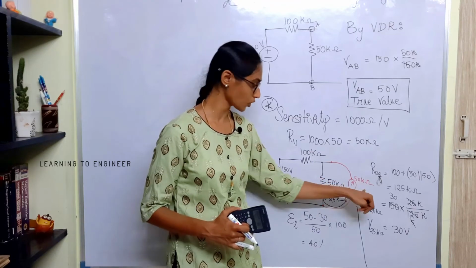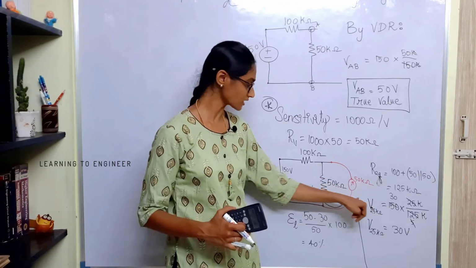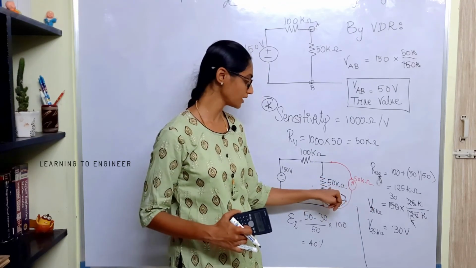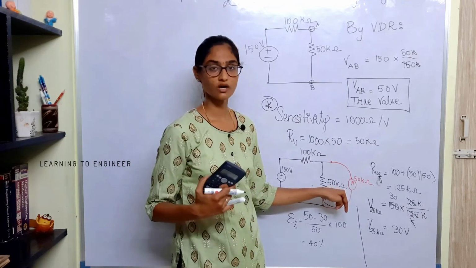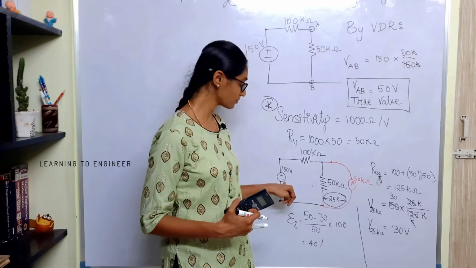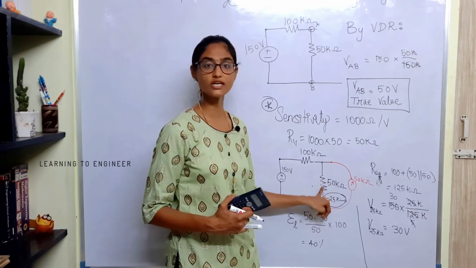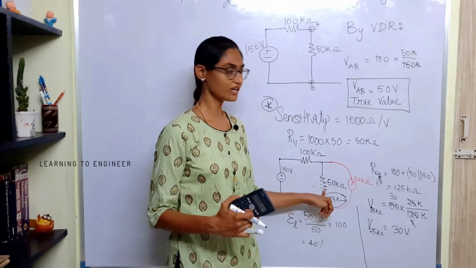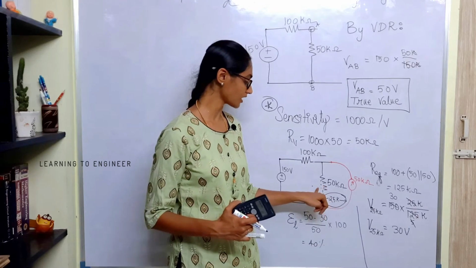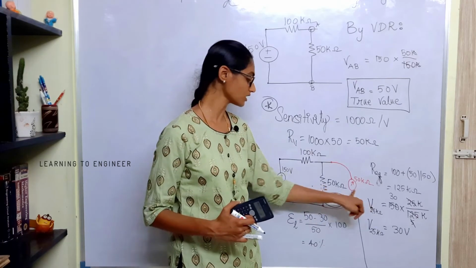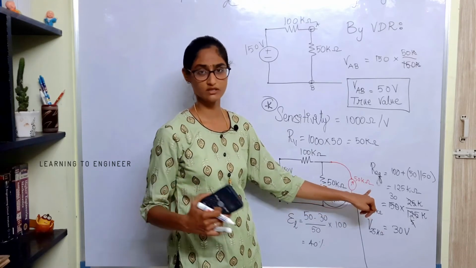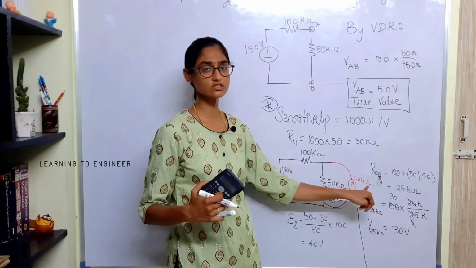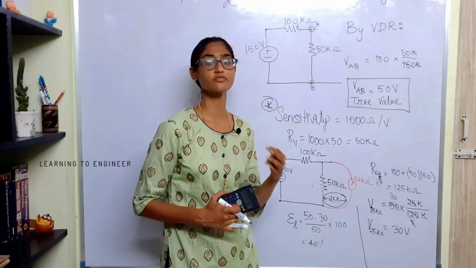So the voltmeter resistance should be so great that the effective resistance of these both should be equal to 50 kilo ohm. Only then will the voltmeter be supplying voltage to the 50 kilo ohm resistor. Ideally, the effective resistance of the two resistances, one is 50 kilo ohm and the other is the voltmeter's resistance, must be 50 kilo ohm.